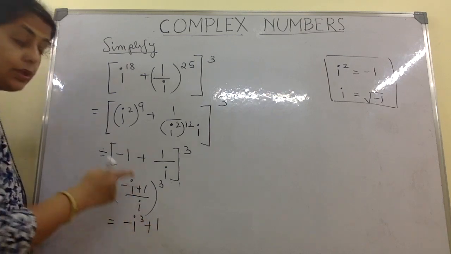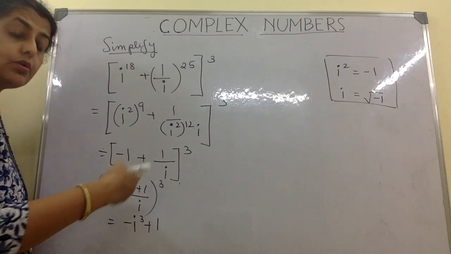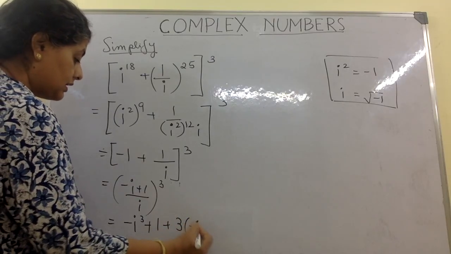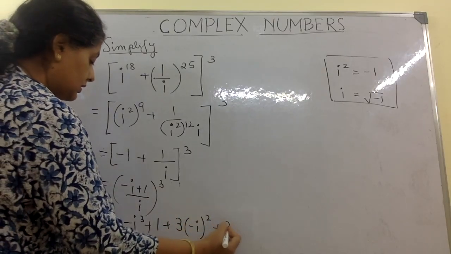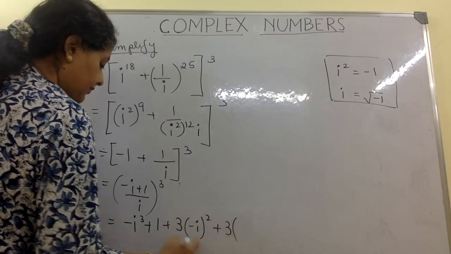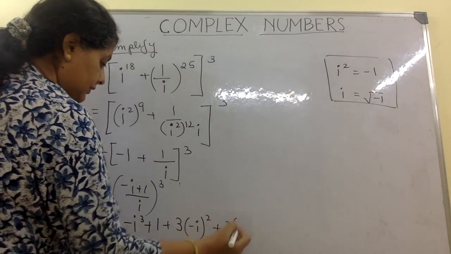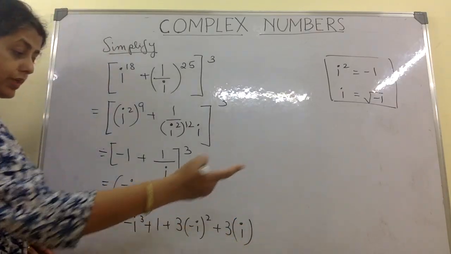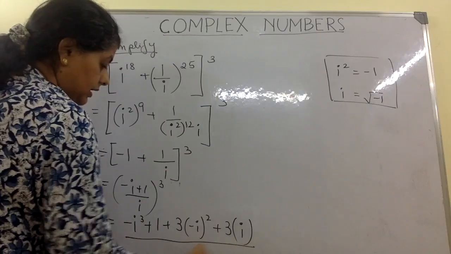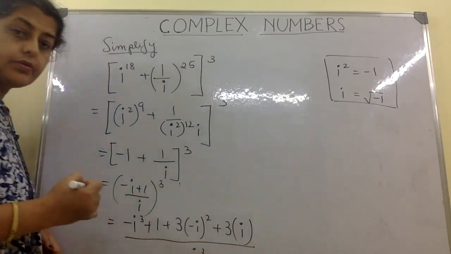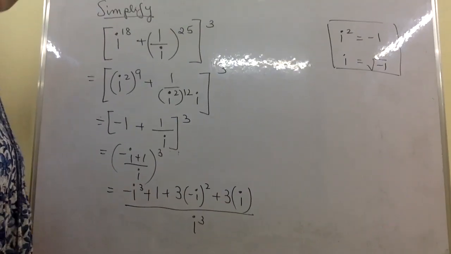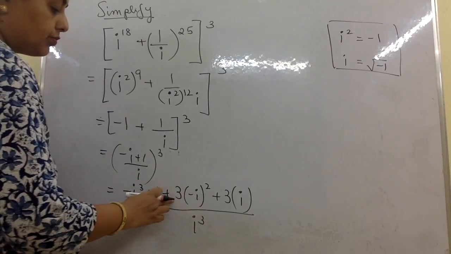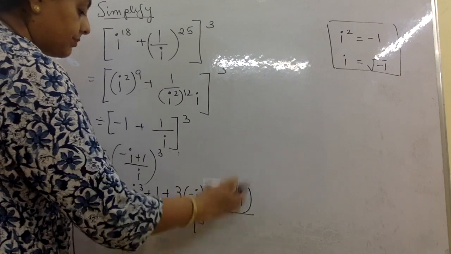plus 1. Now I am using the formula a plus b whole cube, so a cube plus b cube plus 3a square b plus 3ab square.